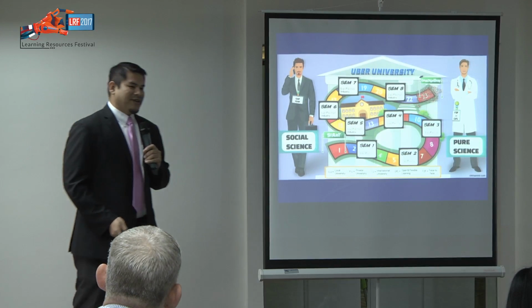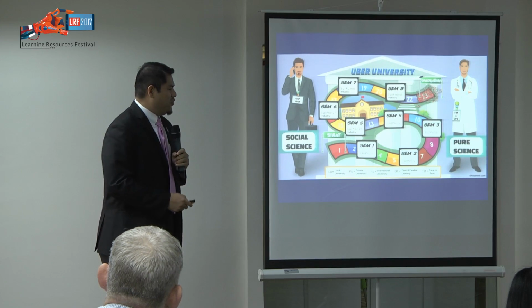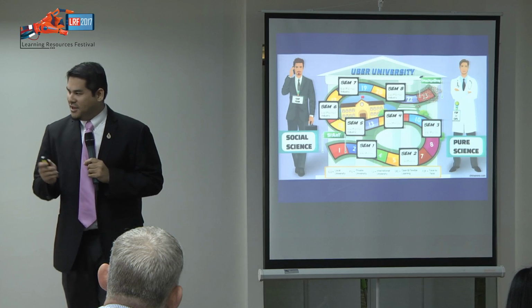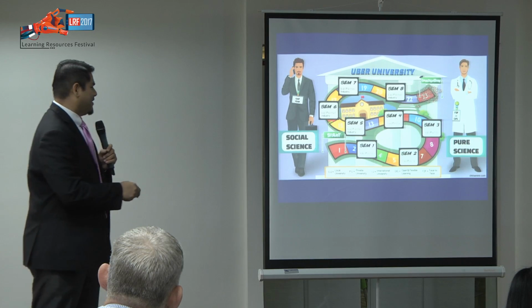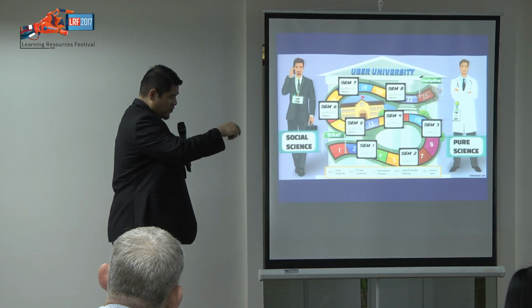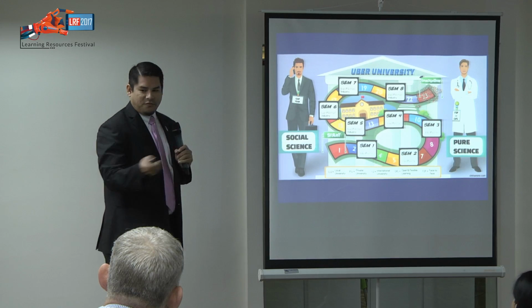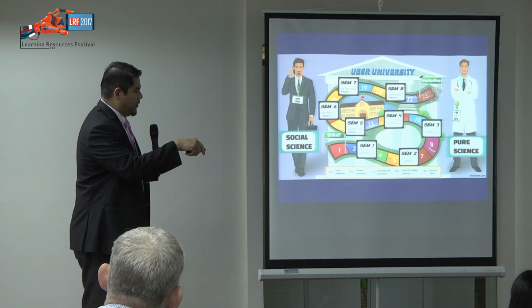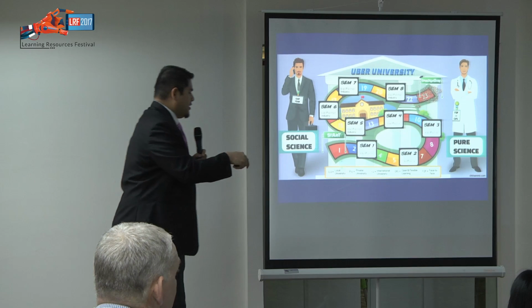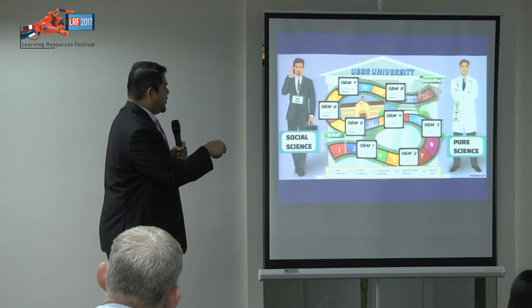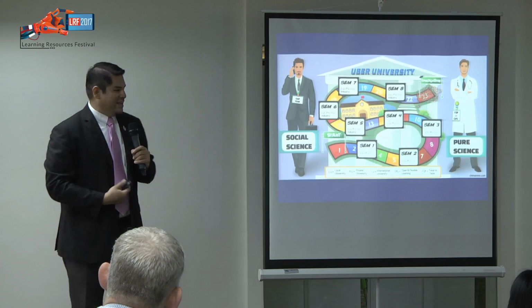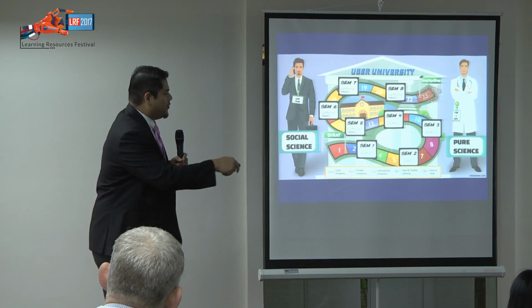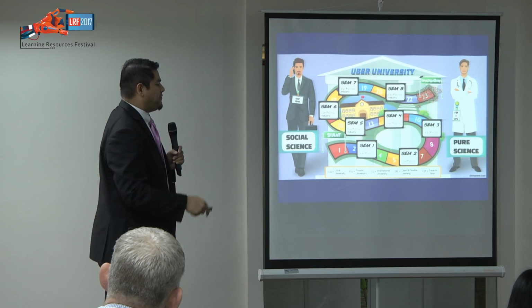So I've come up with the Uber University concept. So study it carefully. We have social science students, pure science students. So for IMU, perhaps you only have pure science. Okay? So you can have your own lanyard year, gap year, or you can choose face-to-face or OFL or ODL.